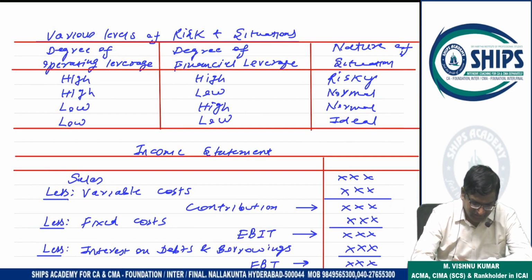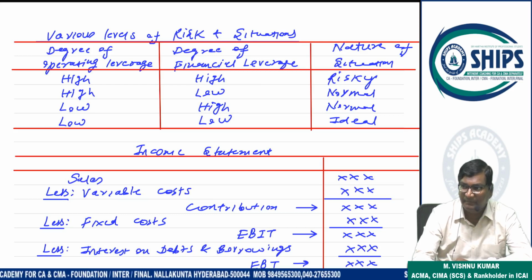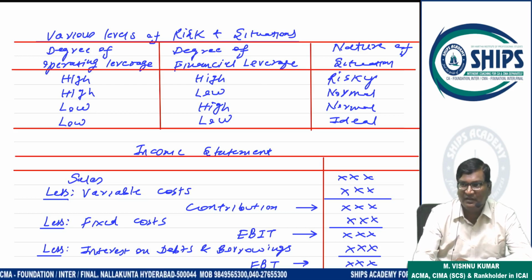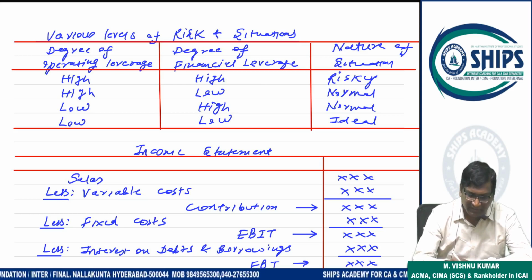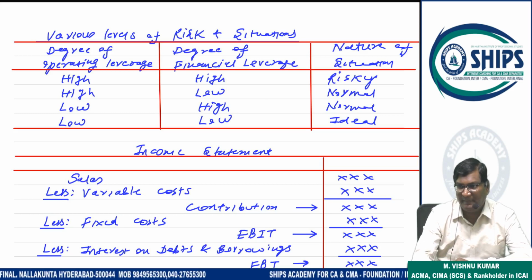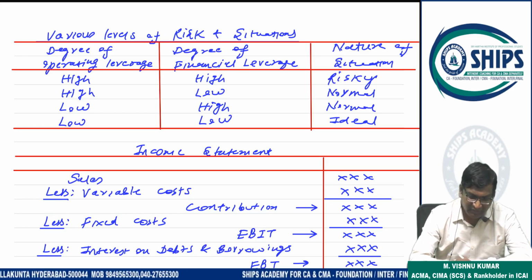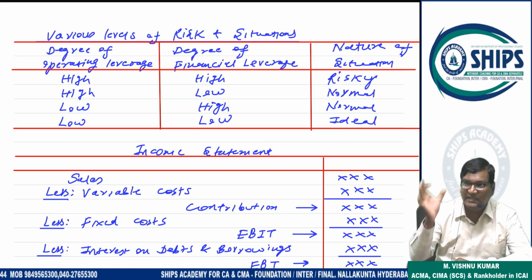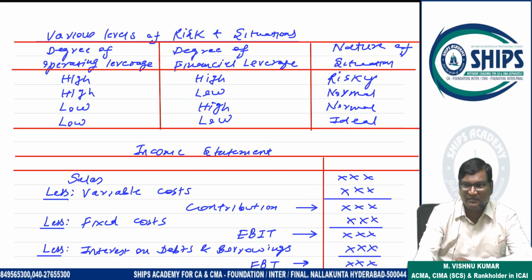Operating leverage, financial leverage: if both are high, a risky company has to earn at a very high rate. Otherwise they cannot pay debenture interest and they cannot operate the business properly. So any business where operating leverage is high and financial leverage is also high is always a risky business.